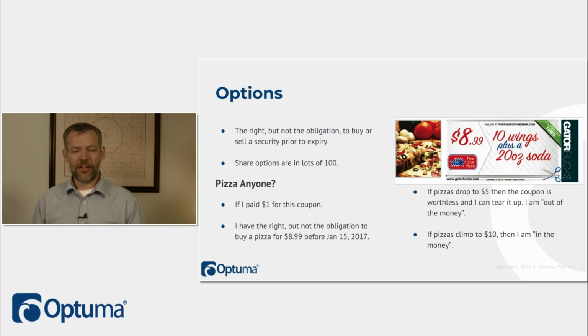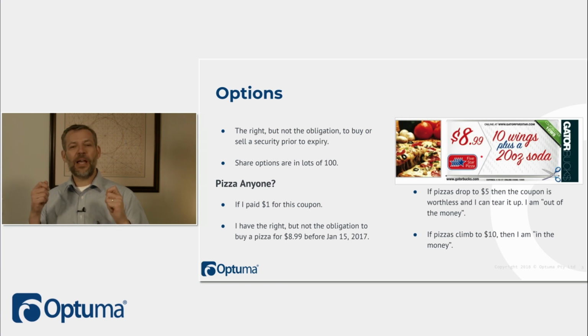Now, the best analogy that I've ever heard for explaining an option, if you've not really looked at this very much before, is to imagine that you paid $1 for a pizza coupon. So we've got a pizza coupon here, and it basically means that we can get a pizza for $8.99. And it's a 5-star pizza, so it's probably great value.